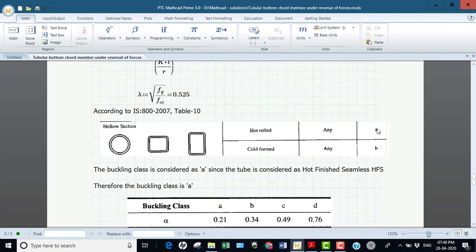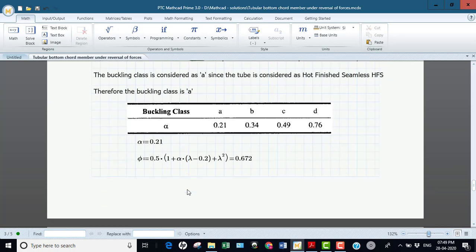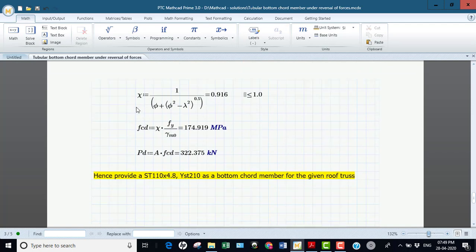Therefore, my buckling class will be A. From the table of coefficients, I know the alpha coefficient, that is the imperfection factor, which is 0.21. If I know the slenderness ratio and imperfection factor, I am able to calculate the intermediate value phi. Then I calculate the strength reduction factor chi, which is equal to 0.915.